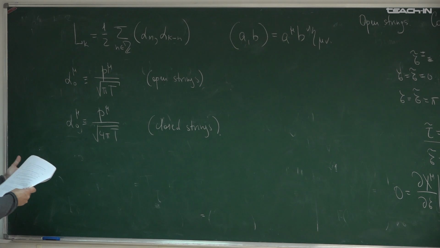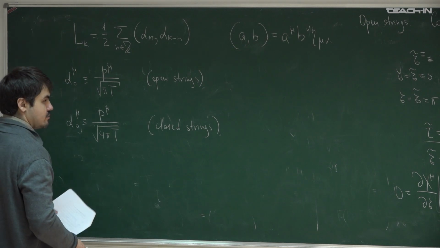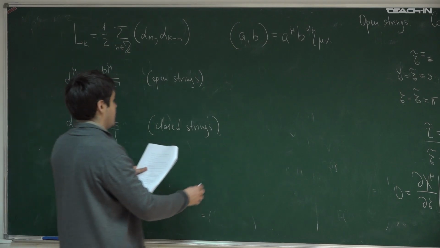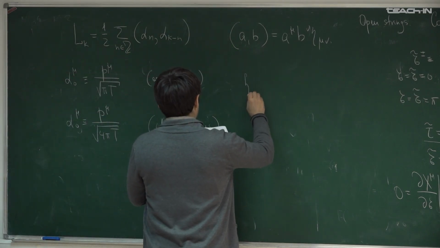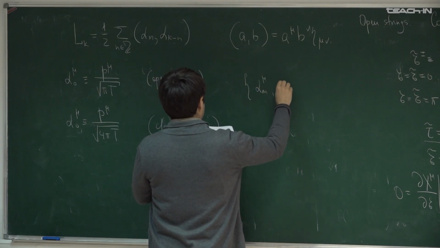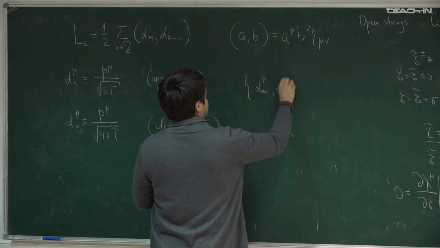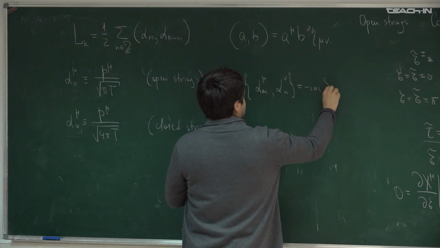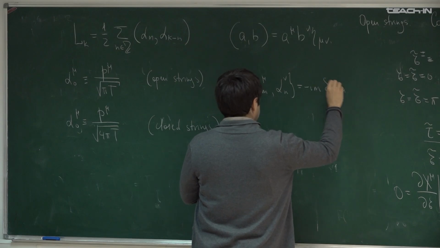Okay. And now we have our favorite Poisson brackets of the oscillators, which are alpha m mu, alpha n mu equals minus i m delta m plus n eta mu.